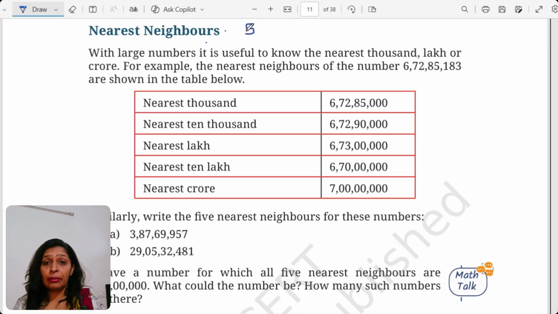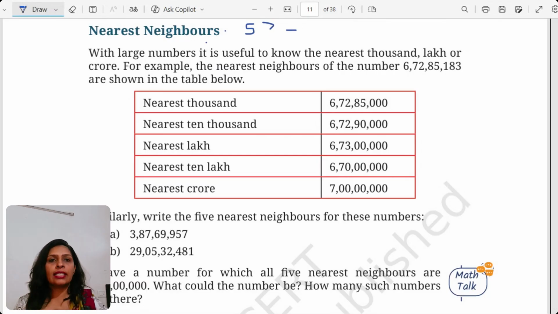When we do the question, I will again recap that. So when a number is lesser than 5, it will not impact the next number. And secondly, if the number is 5 or greater than 5, the next number would be increased by 1.